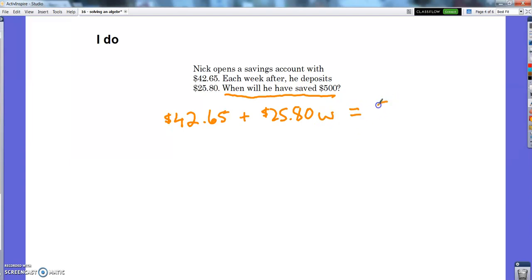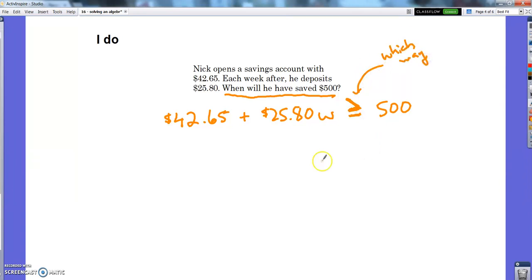And we've been saying this, but really we want to know when this will be more than, it's fine if this is more than $500 or equal to $500. That's what we really want to know. Because if he's got $600 or something, that's fine too. So when he has $500 is when he gets to that 17th week, plus any more time after that, he'll still have it and it'll be great. So I'm going to rewrite this as an inequality. Hard part is figuring out which way the sign goes.